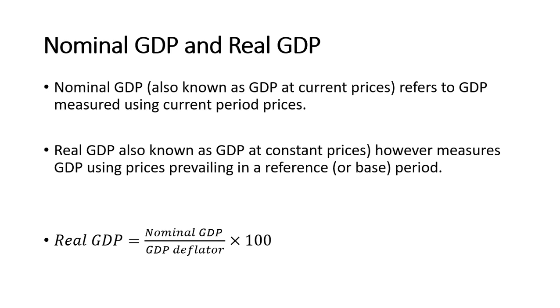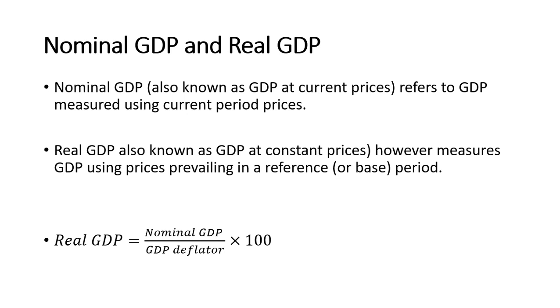The same way, if you calculate GDP of the year 2020 using the year 2020 prices, then we refer to that GDP as nominal GDP. If you calculate GDP in the year 2021 using the year 2021 prices, we refer to that as nominal GDP.